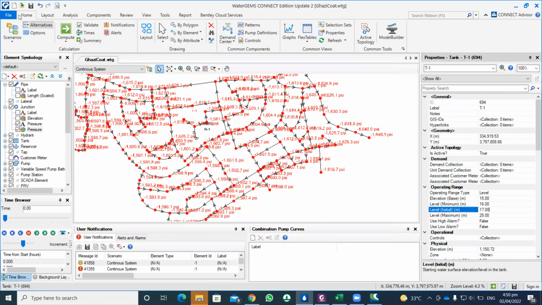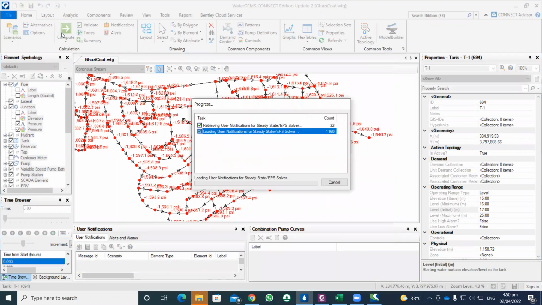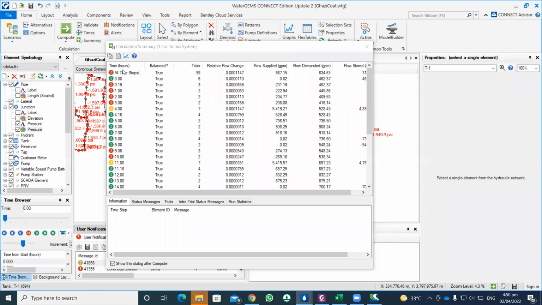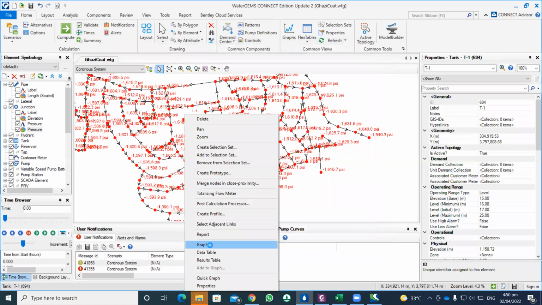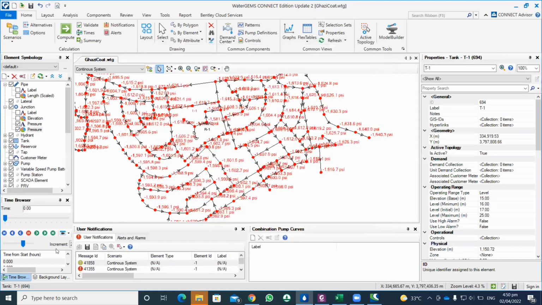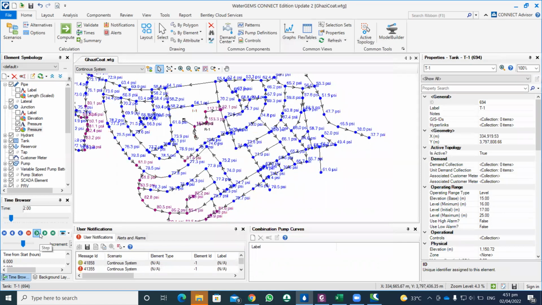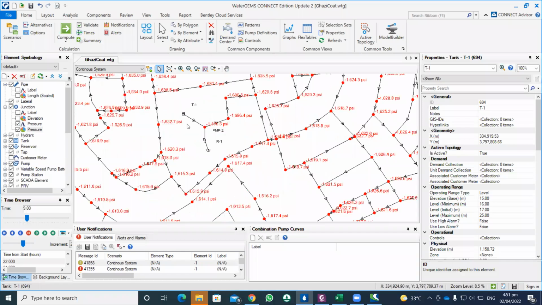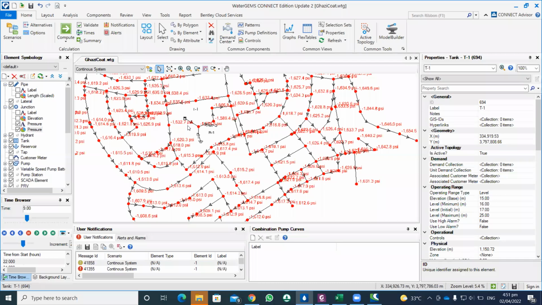You have to keep changing these values. So this is the way to design the tank: you have to select by trial and error method.